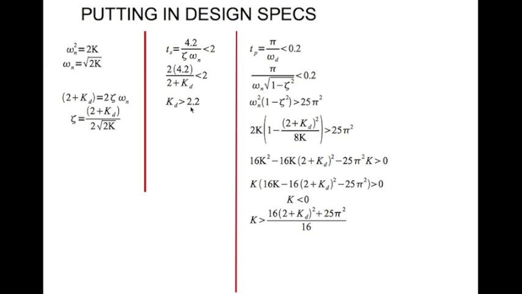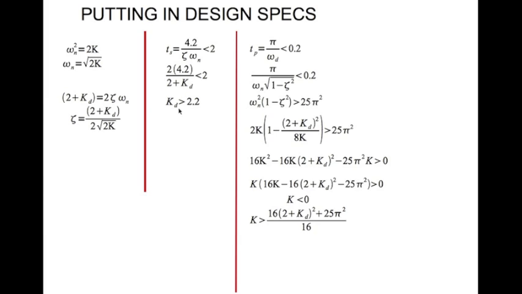k cannot be less than 0, because if k is less than 0, then your omega n becomes complex. You can't have a complex natural frequency. So naturally we say that this term is greater than 0, and then this equation becomes valid. What does this mean?